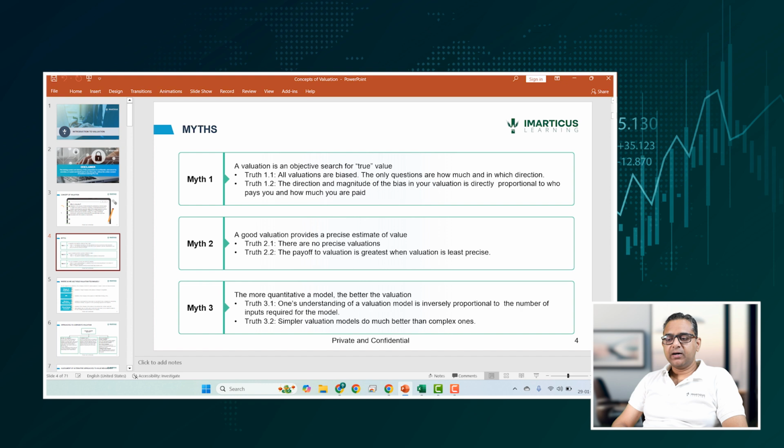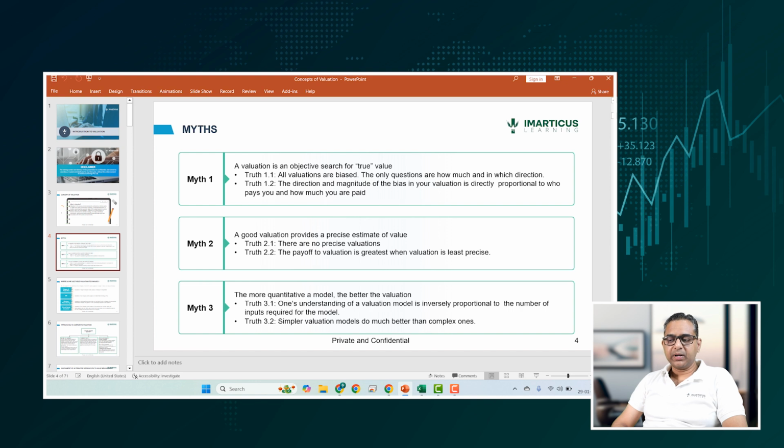The second myth is that a good valuation provides a precise estimate of value. No, there are no precise valuations. The payoff to valuation is greatest when the valuation is least precise. Can anybody exactly find out the precise value of any company?